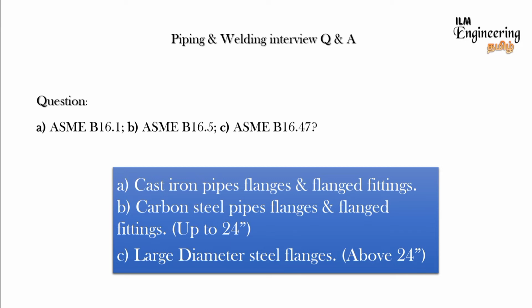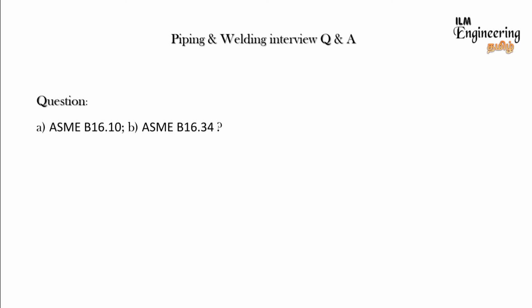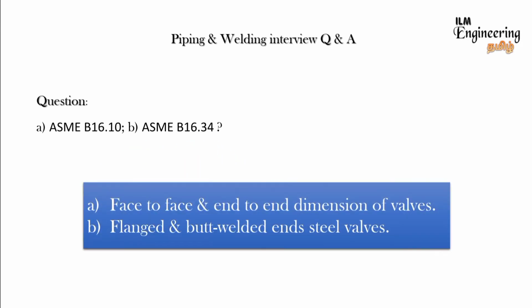ASME B16.5 Carbon steel pipes, flanges and flanged fittings up to 24 inch. ASME B16.47 Large diameter steel flanges above 24 inch. ASME B16.10 and ASME B16.34. ASME B16.10 face to face and end to end dimensions of valves.